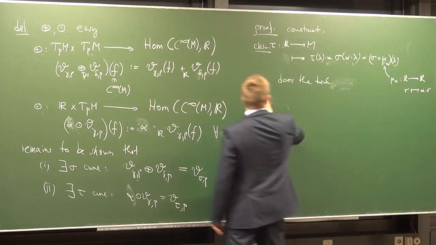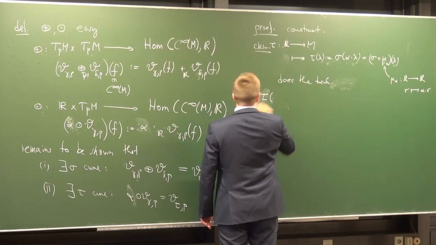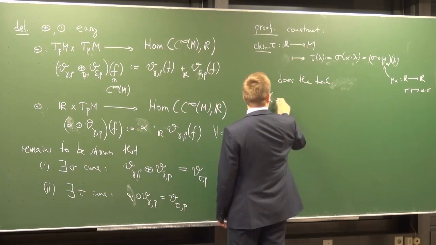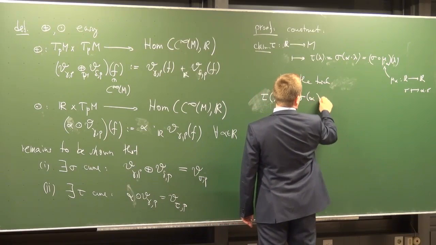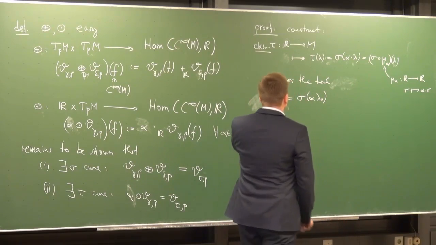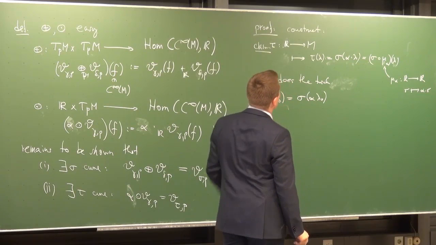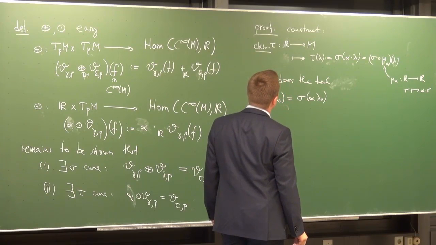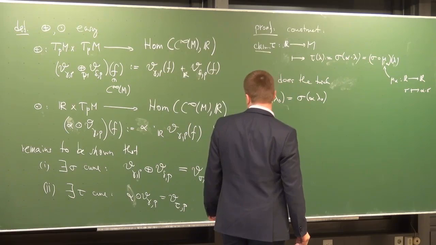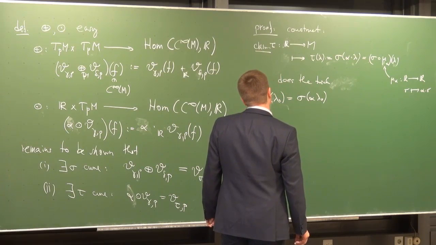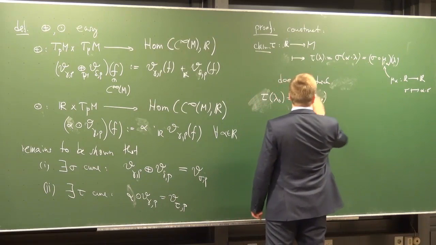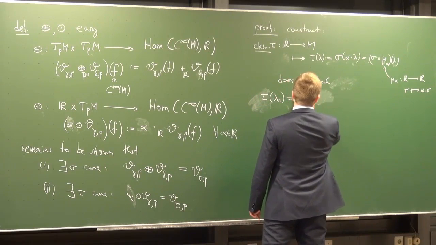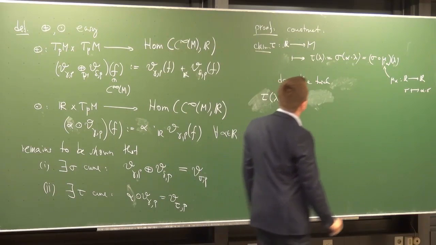We first check that tau at the same parameter value lambda 0 is sigma of alpha lambda 0. It needs to go through the same point. Well, it will, for some lambda 0, it will hit the point. But I need to, hang on a second.